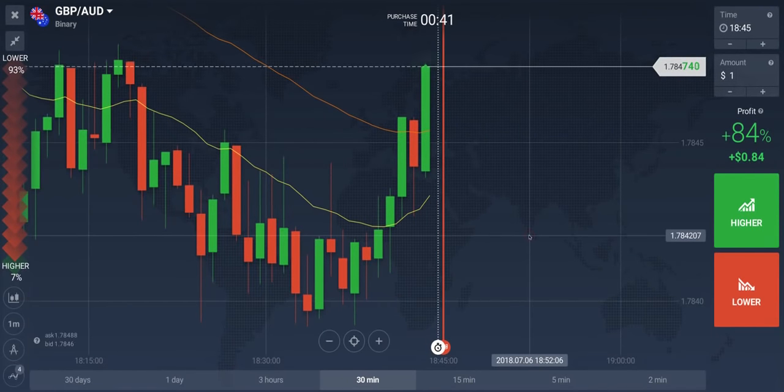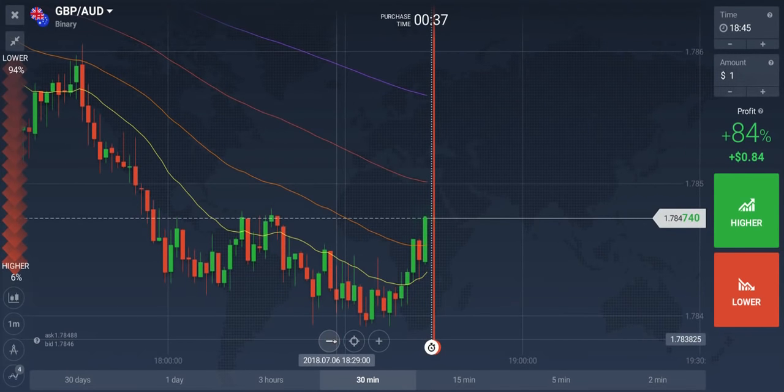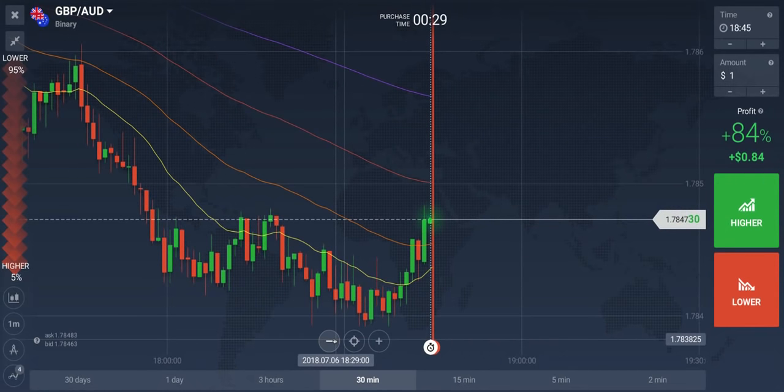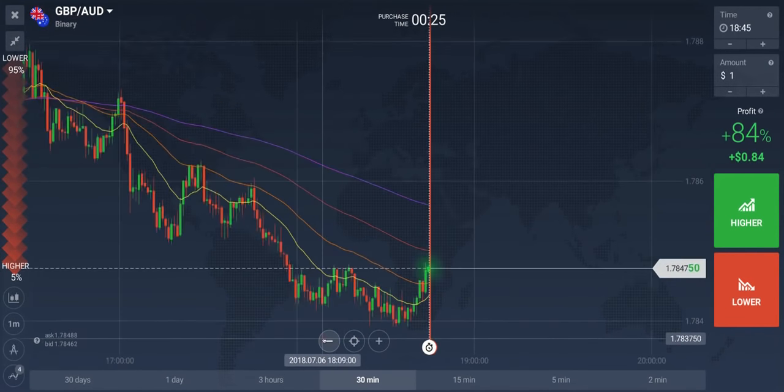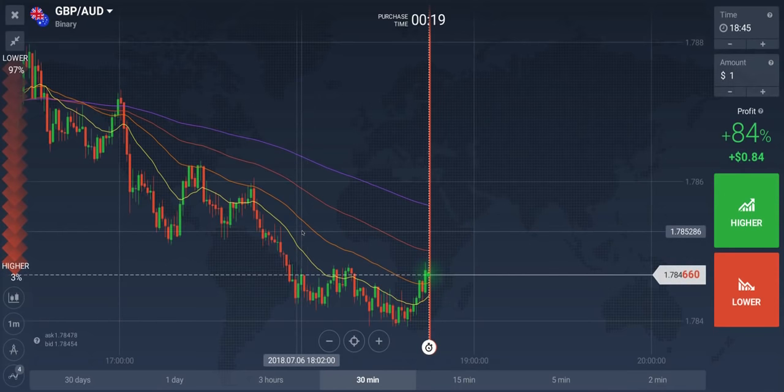So actually, what are EMAs? EMAs are dynamic support and resistance levels, and they show you the market direction or the trend. You can see currently all the EMAs are pointing downwards with a decent distance, the 200 above the 100, above the 50, above the 20.